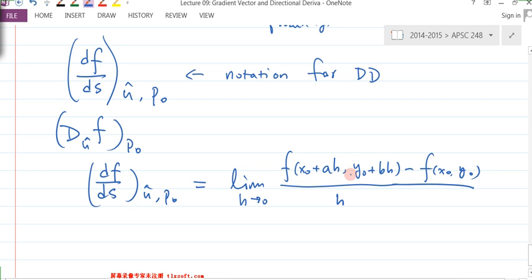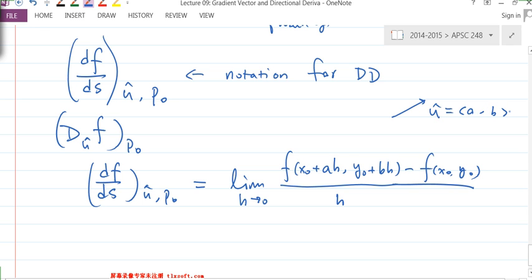So what does that mean? Your starting point is x naught, y naught. Then you walk in the direction of u hat. How much did you walk?